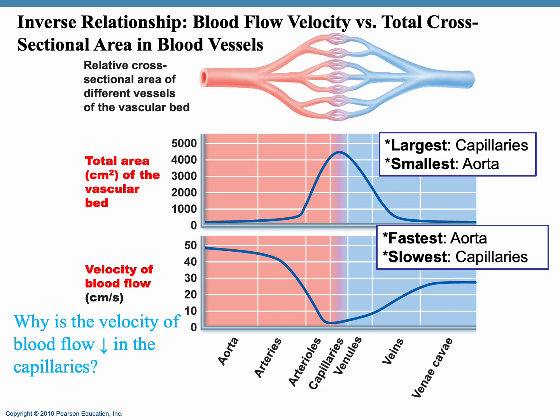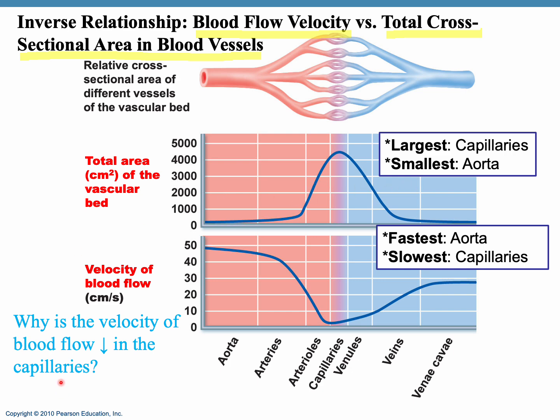Another thing we're going to take a look at today is the inverse relationship between blood flow velocity versus the total cross-sectional area in blood vessels. We have two graphs here. This top graph is looking at the total area of the vascular bed in comparison to many blood vessels throughout the body.